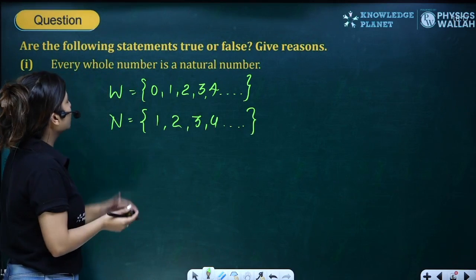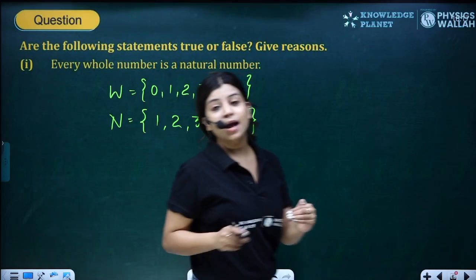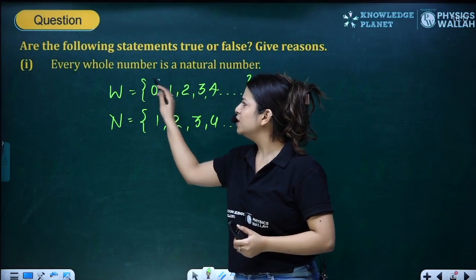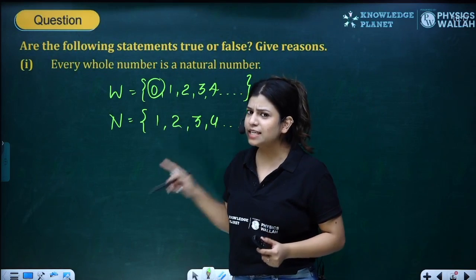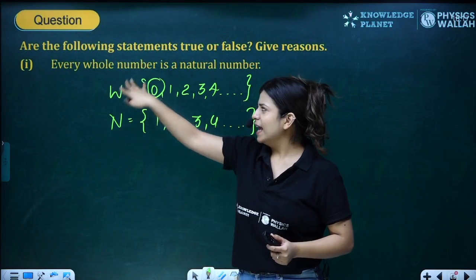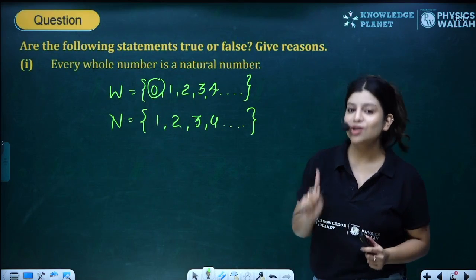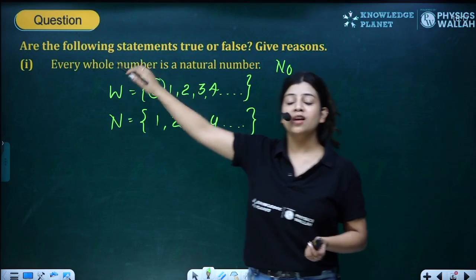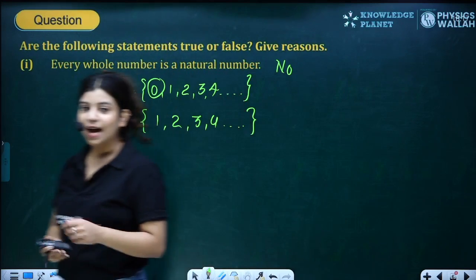So the question is saying every whole number is a natural number. But 0 is a whole number, and 0 is not a natural number. So is this statement true? No. Why? Because 0 is a whole number, whereas 0 is not a natural number.